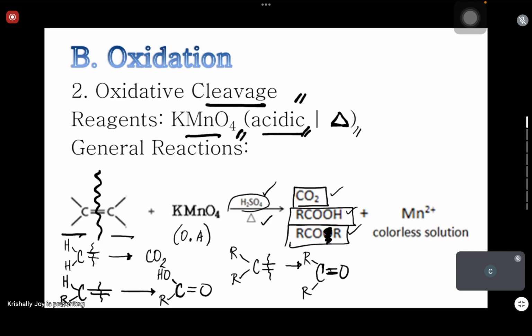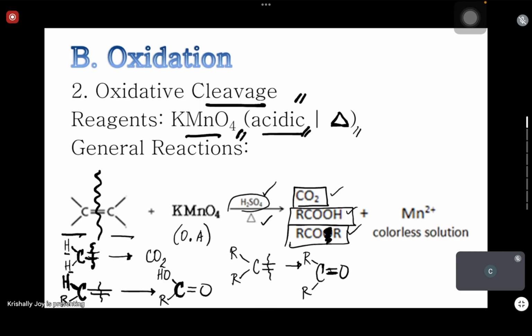Atong i-recall. If ang cleaved portion sa carbon na yan, puro hydrogen naka-attach sa kanya, that's the time carbon dioxide yung product. Sa isang cleaved portion, kapag ang carbon meron pa siyang isang hydrogen in it, then ang isa, an organic group, an R group, then that becomes carboxylic acid.